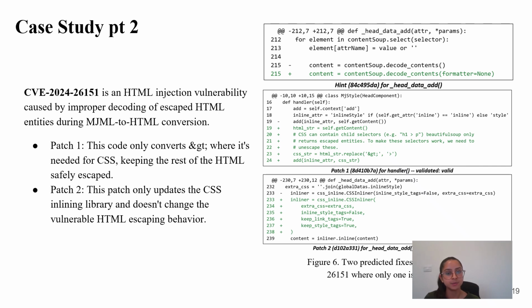Whereas patch 2 does have CSS inlining updates, but it doesn't actually have anything that changes the vulnerable HTML escaping behavior. So it shouldn't belong to the CVE fix group, and our implementation correctly marks patch 1 as valid, but patch 2 as invalid.